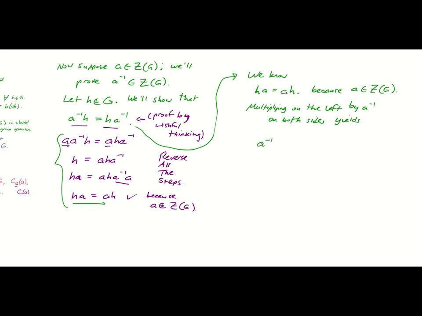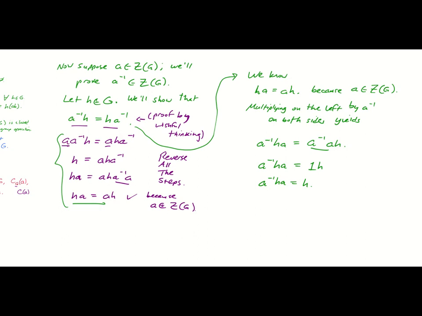A inverse HA equals A inverse AH. And now I have the identity here, so I can rewrite this as A inverse HA equals 1H, since A inverse is the inverse of A. So A inverse HA equals H.